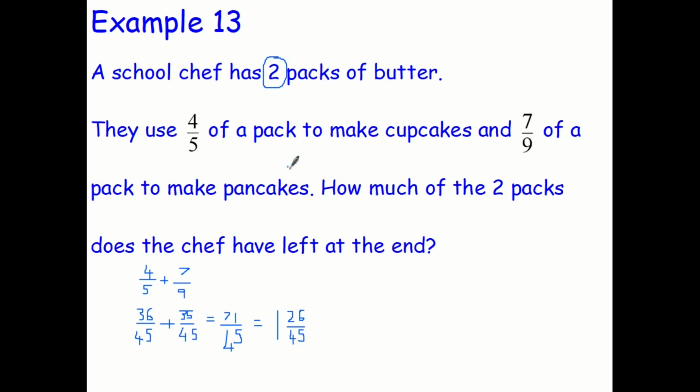Well, all you have to do is count up from 26 up to 45, and you'll find that there are 19 45ths left of those 2 packs of butter. 19 45ths.